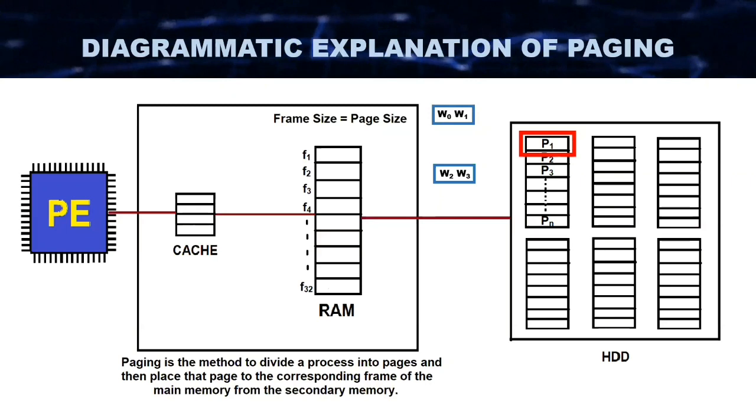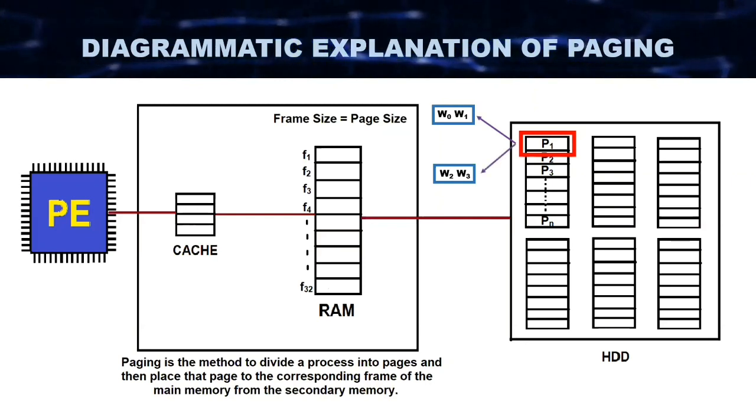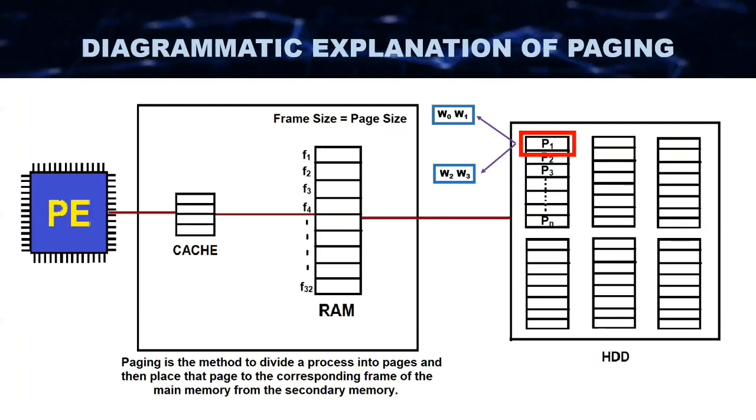Suppose page 1 consists of W0 and W1, and page 2 consists of W2 and W3. That is how the process is divided into pages. Now these pages come inside the RAM, inside the frames.